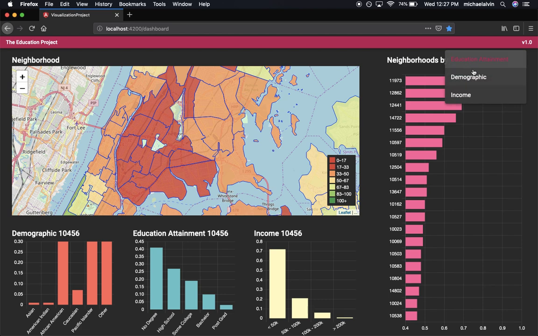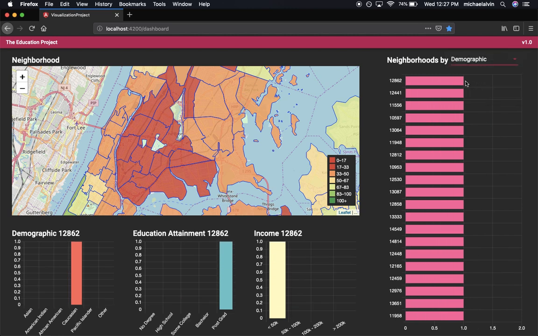And you can also filter with other metrics. So education attainment measures the amount of the population that have completed a bachelor's or higher degree. Demographic rates the zip codes by the amount of Caucasian people they have, because I suspect that more Caucasian people means a more educated neighborhood.